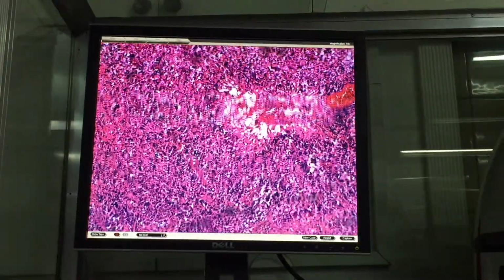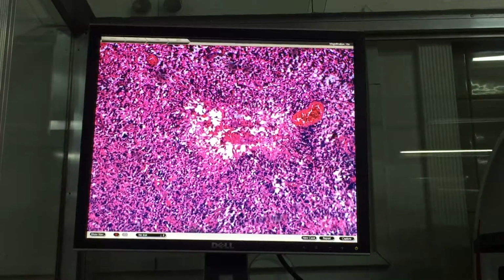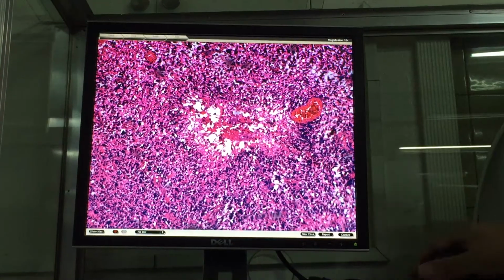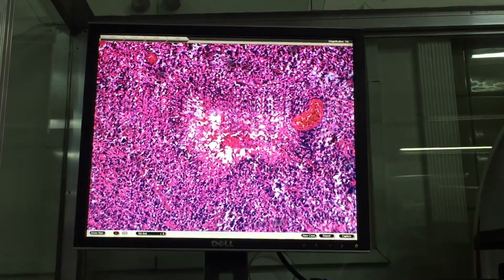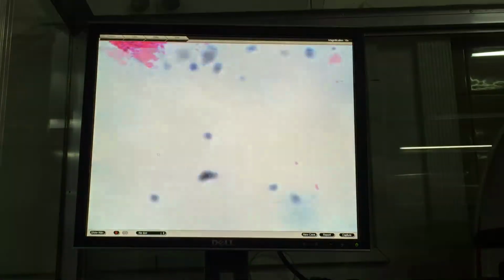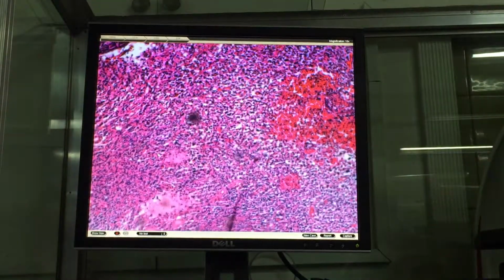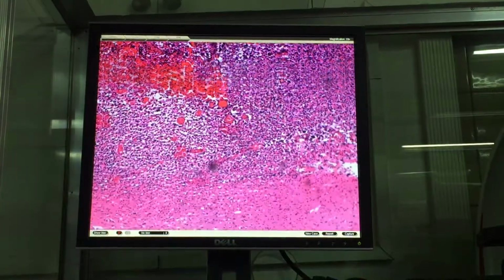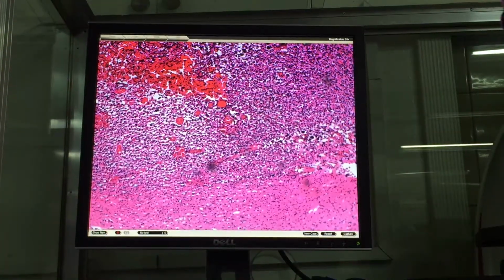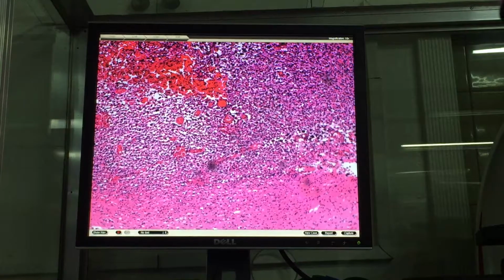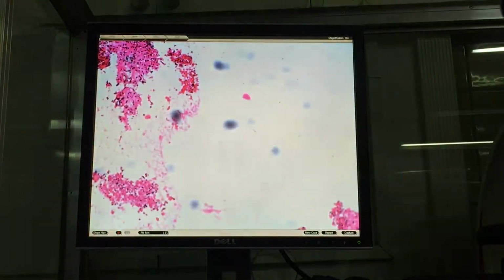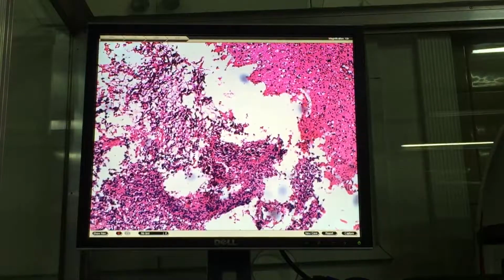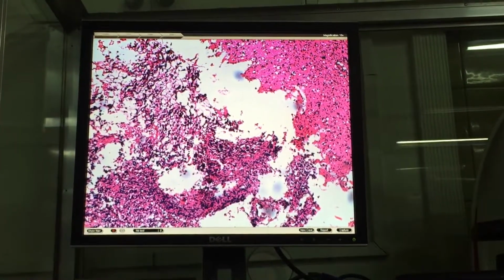Anyway, when this is shown to you, that's typical of glioblastoma multiforme. The fibrillary background, necrosis, atypia, and proliferating blood vessels, those red areas. I think that's it. Your slides, 5 slides for head and neck and CNS.